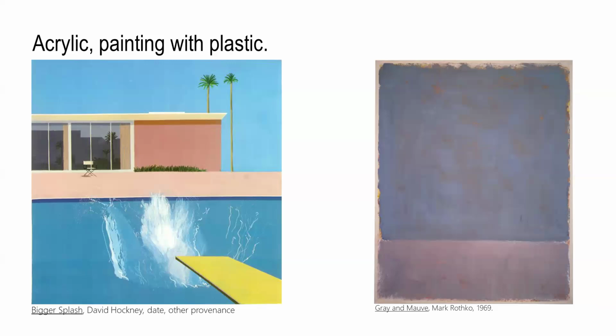So here's a couple of examples. David Hockney's A Bigger Splash is probably one of the most famous early acrylic paintings. A lot of people don't know that Mark Rothko did a lot of acrylic paintings, especially late towards his life and pretty much on paper. What he's doing with acrylic is so different from what people tend to think.